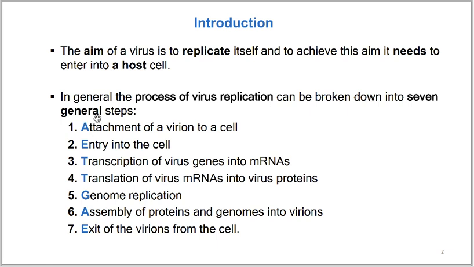One is attachment of a virion to a cell, entry into the host cell, transcription of virus genes into mRNAs, translation of virus mRNAs into viral proteins, genome replication, assembly of proteins and genomes into virions, and exit of the virions from the cell. Those are the 7 general processes of viral replication.